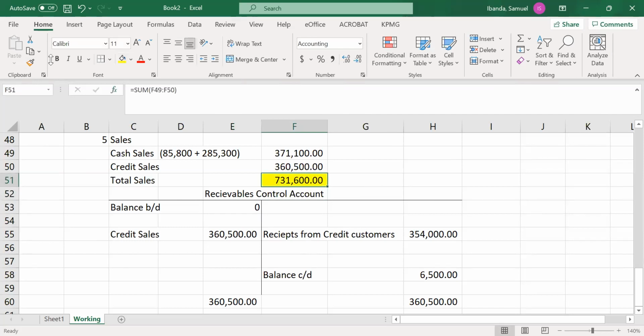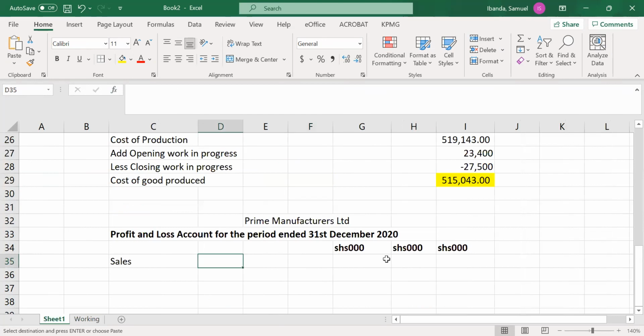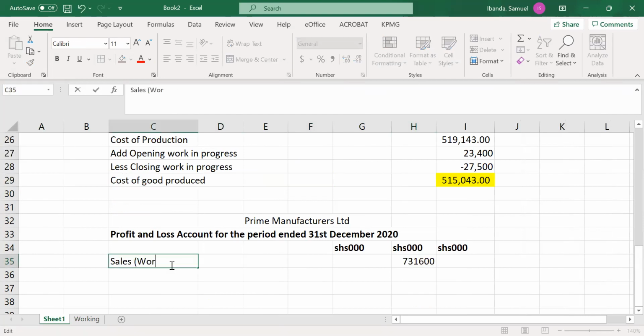That is what I basically have from calculating. So I'll just pick it here. Let me put it under this column and say this is coming from working 5, just to show.